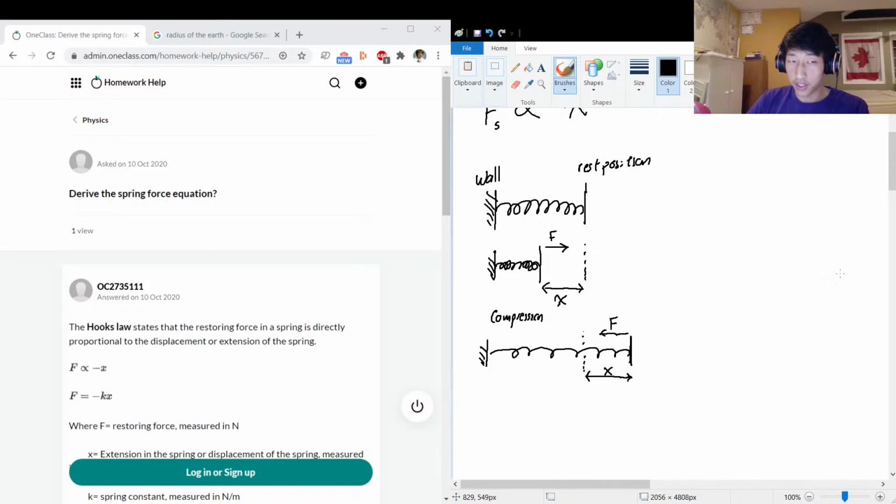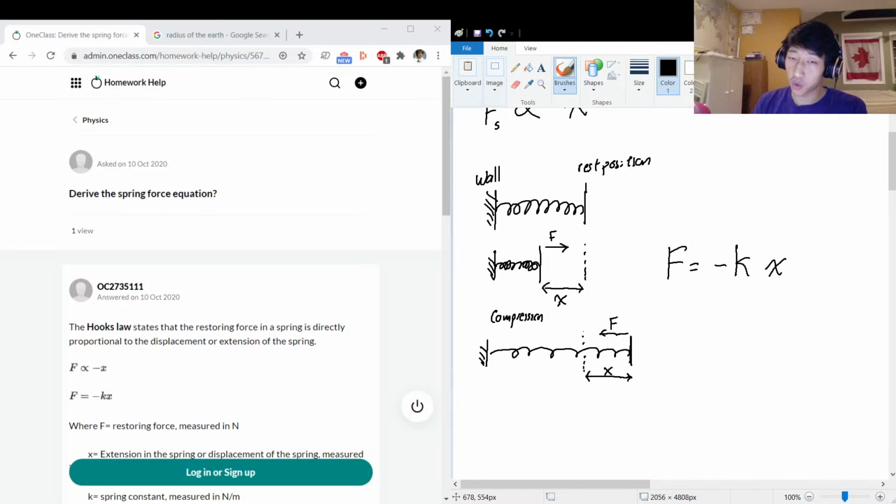The official equation is F equals negative kx. But these signs can get a little bit twisted depending on which direction you have. If you have stretch as positive or negative, it doesn't particularly matter as long as you're consistent with it and your diagrams agree with it.